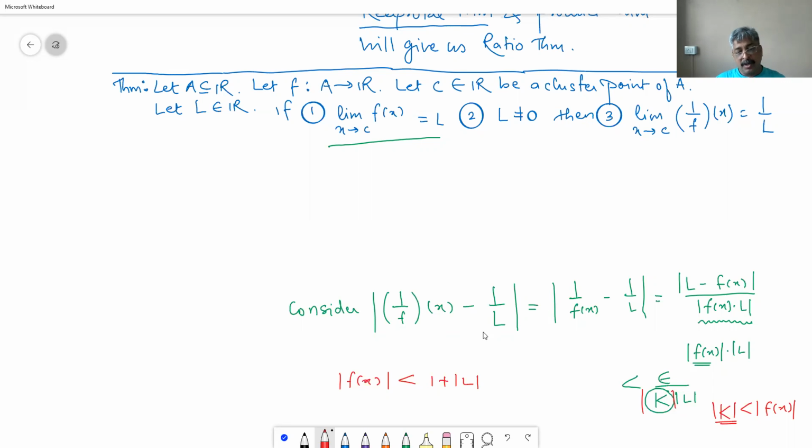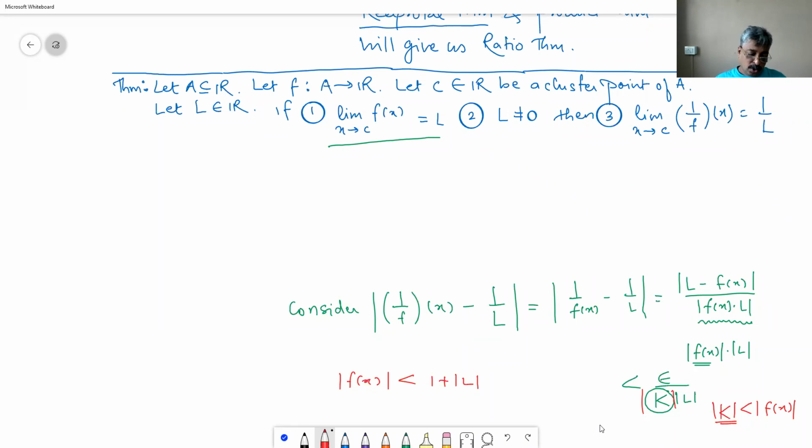So before writing the proof of this theorem, what we need to prove is, can we really find a constant which is less than mod f of x?